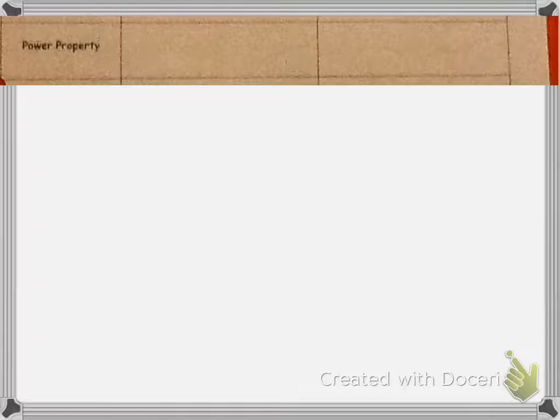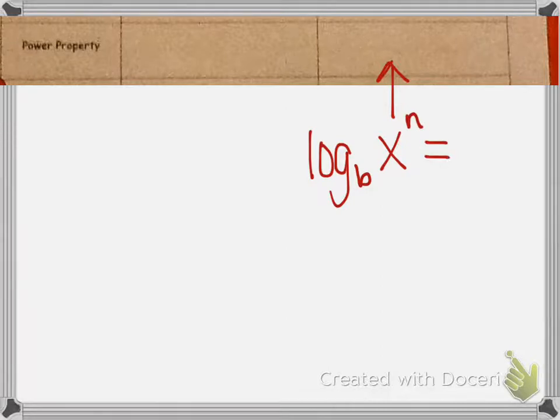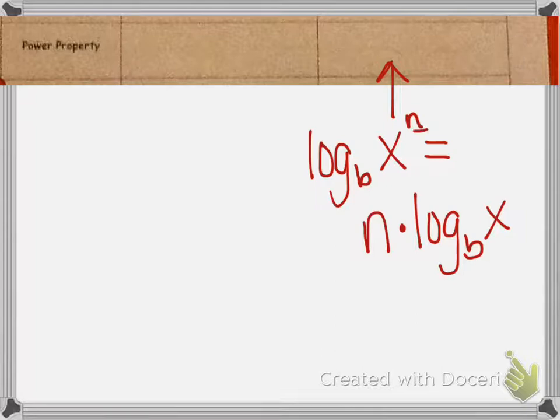It says that if I have log base b of any number, let's say x to some power n, then this is equal to that power n being multiplied by the log base b of x. So I can take that exponent on the end and move it down in front and multiply it by what the log is.